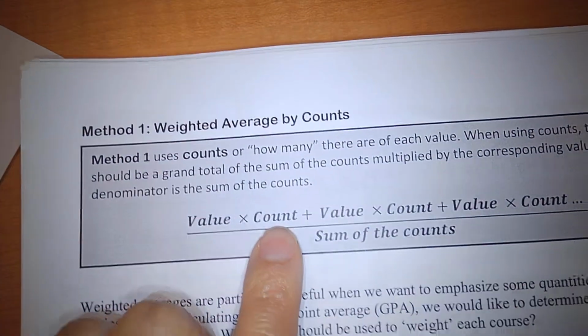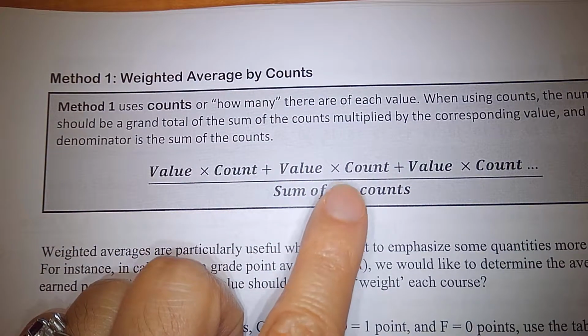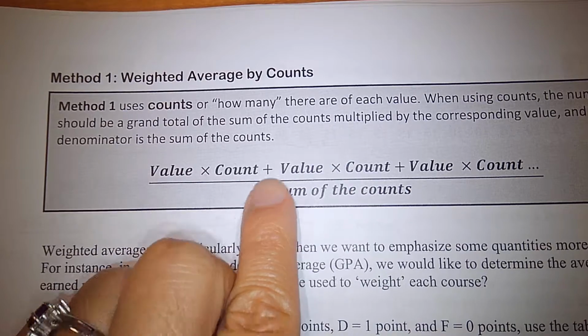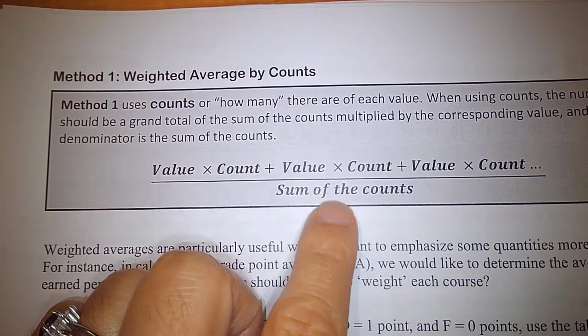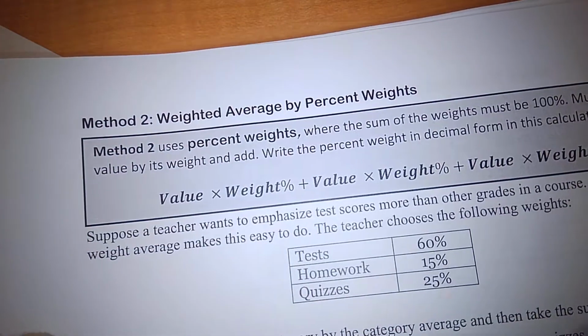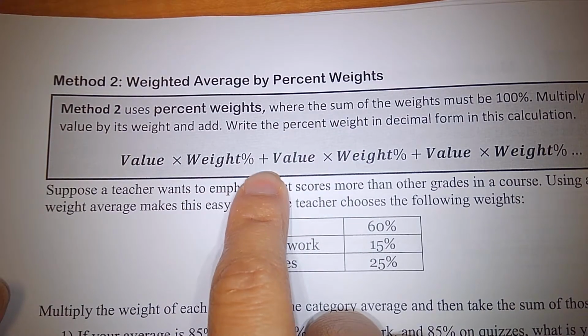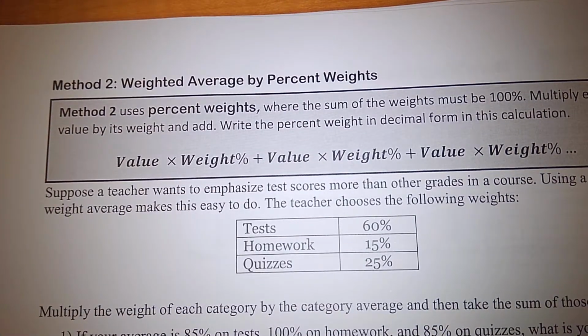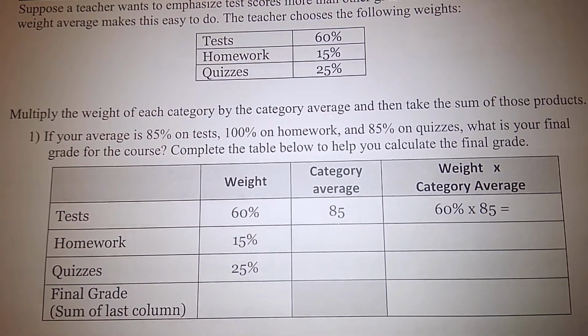However, from the first method, when we use counts, we have to divide by what? The total counts. So this is different. Which formula has a denominator? The count method, method 1, has a denominator. How about the second method? No more. Remember this, okay?